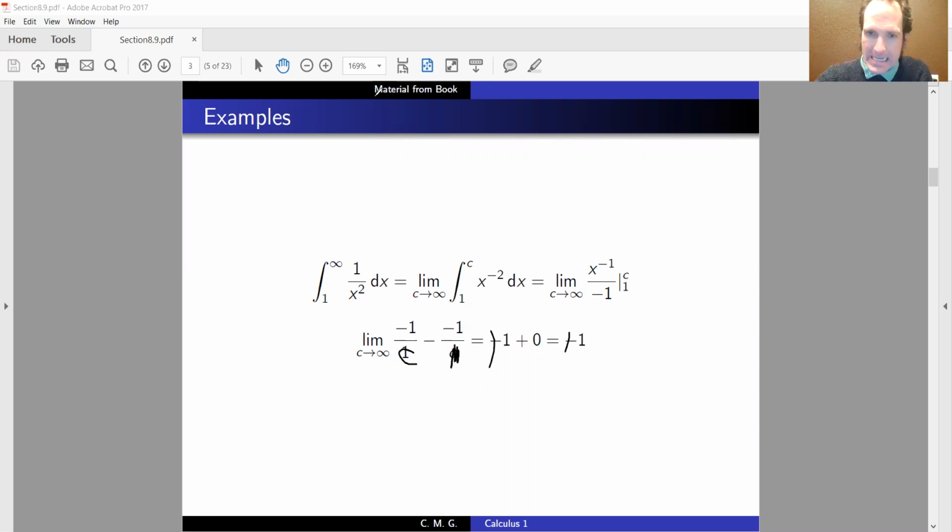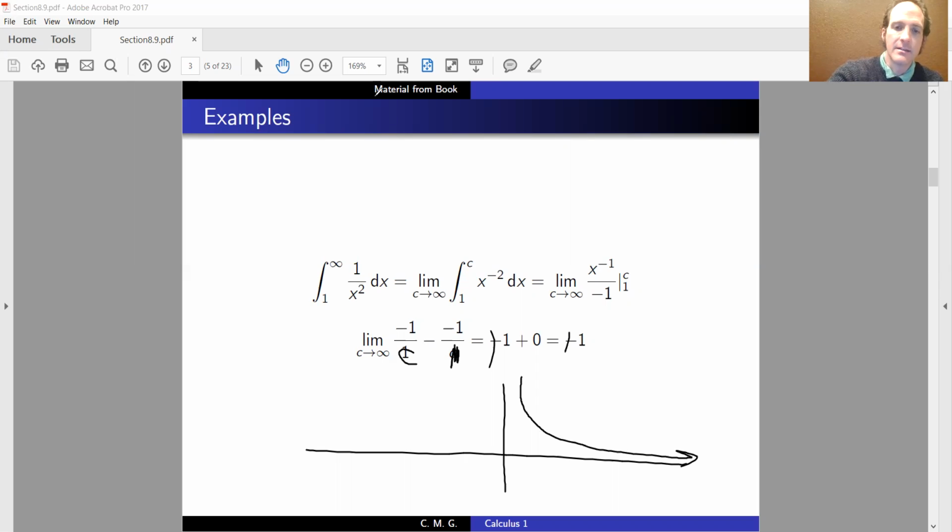What does that mean? That means the graph of 1 over x squared, which looks something like this, the volcano-y thing, if I take the area from 1 all the way to the right, the area inside there is only 1.